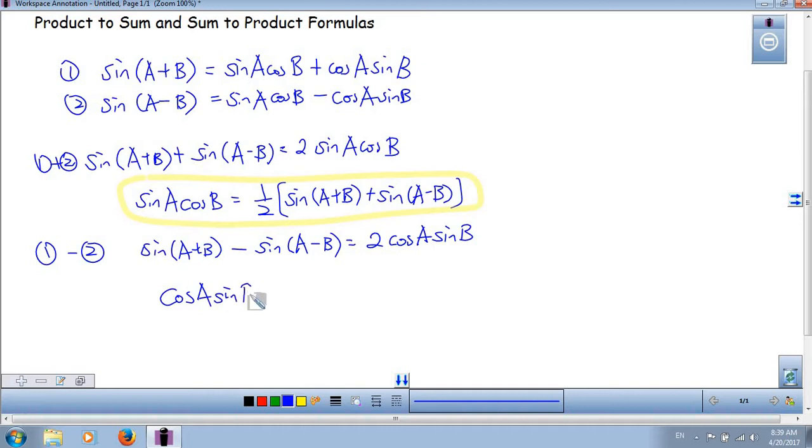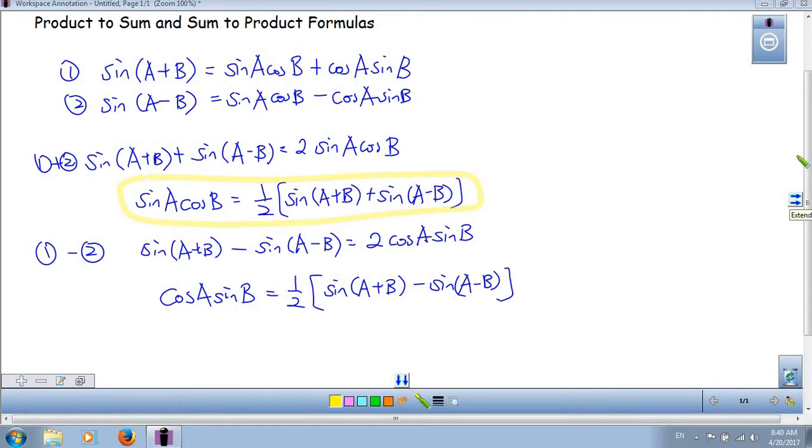We have cosine A times sine B equal to one half of sine A plus B minus sine A minus B. This is our second product to sum formula.